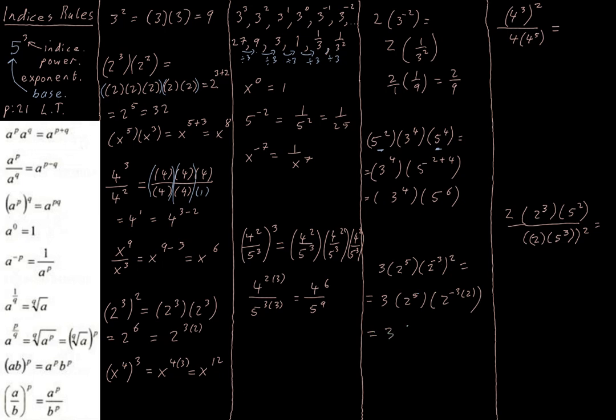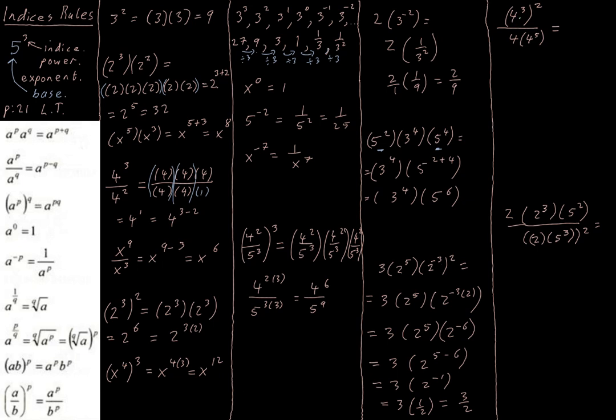I end up with 3, 2 to the 5, 2 to the minus 6. Now I could bring this underneath the line, or I could recognize that as I'm multiplying the same base numbers, I can add the powers. And I end up with 3 times 2 to the 5 minus 6, 3 by 2 to the minus 1. So I end up with 3 all over 2, or doing that in 2 steps.